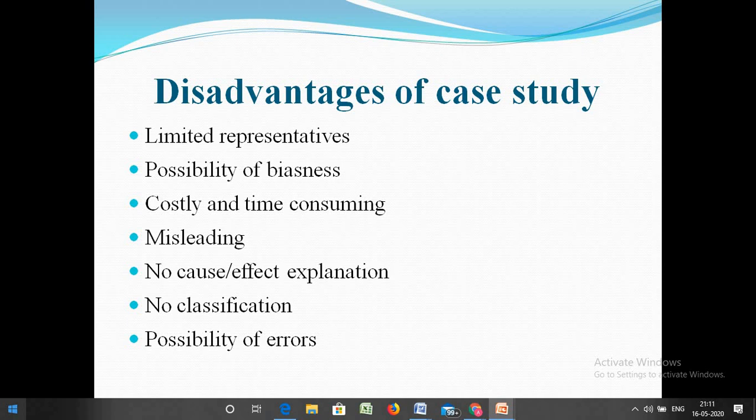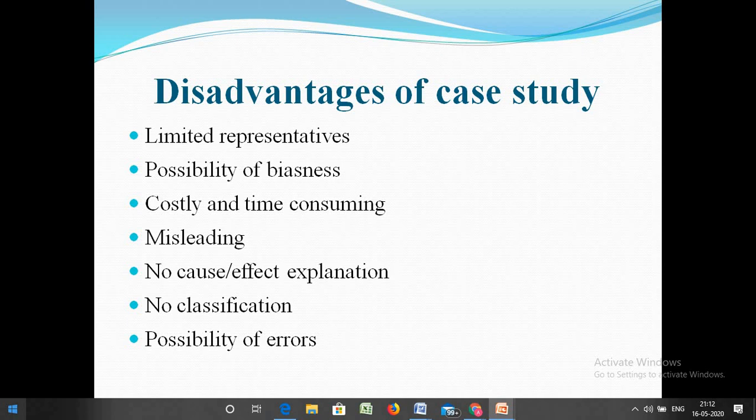This is mainly because the researcher has to be actively present in the field. He has to visit the field frequently, interacting with the respondents, interacting with the target population, interacting with the people involved in the study. So that is why it is very costly and time consuming.